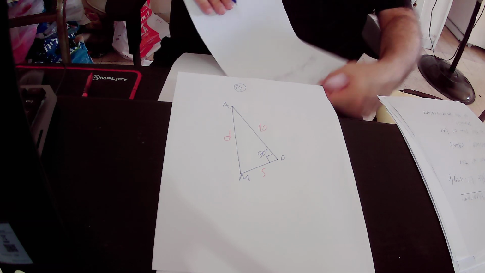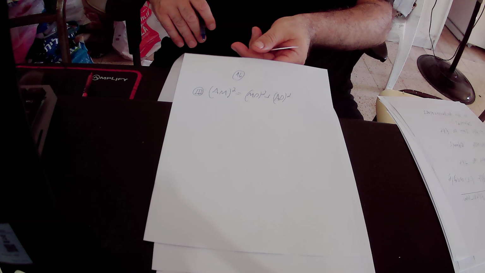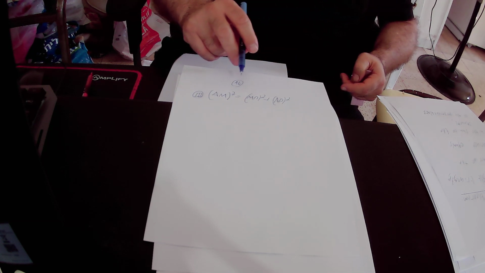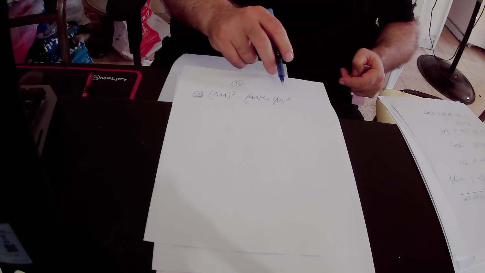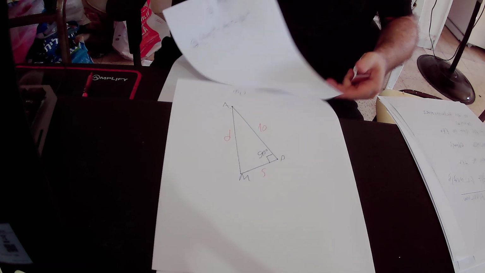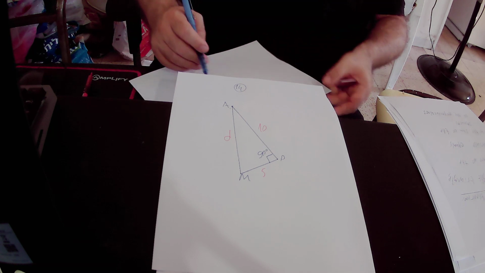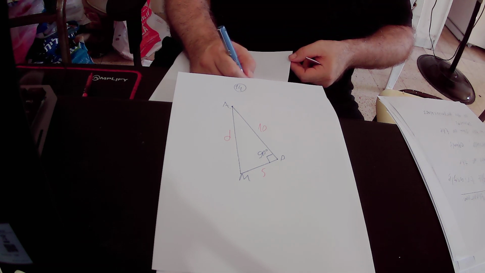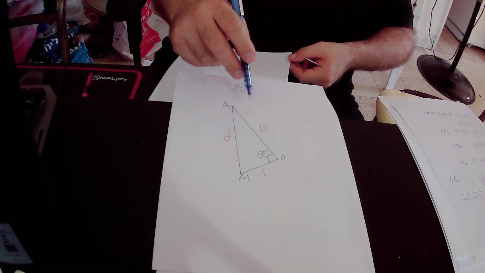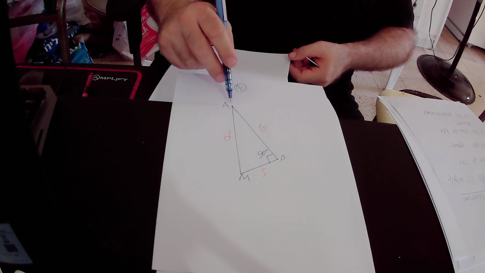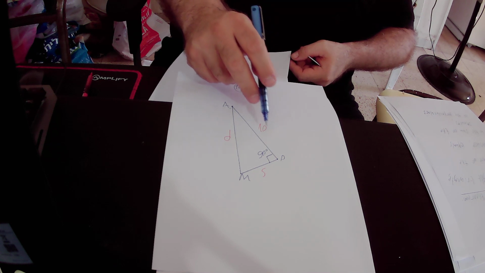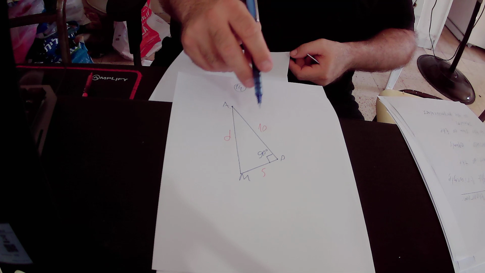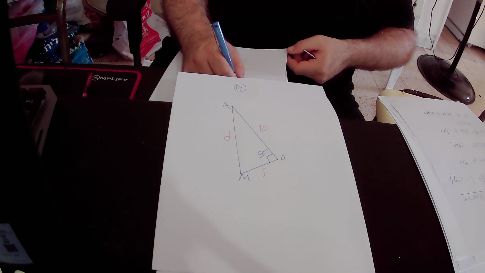According to the Pythagorean theorem, AM square, the square of the hypotenuse, equals MD square plus AD square. But we know that AM equals D, AD equals 10 units, and MD equals 5 units. So we can put the data inside equation number 3.